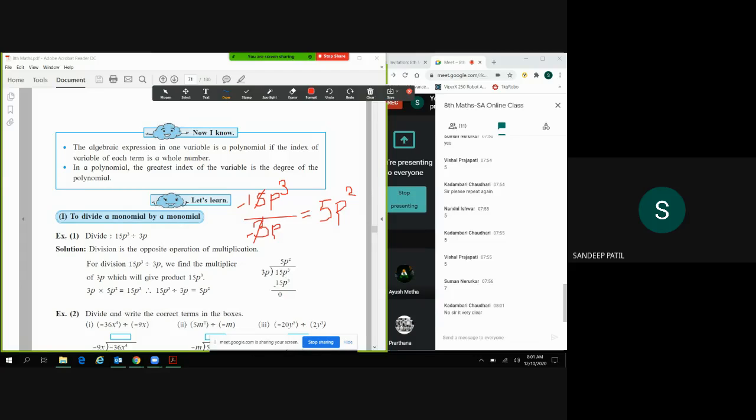Okay, so this way we carry out the division or multiplication. So यहाँ मैं सिर्फ एक, I know that you guys may be knowing already, but I just want to repeat it here. जो p cube divided by p हमने किया, right? जो index होता है, यहाँ देखिए 3 है और यहाँ 1 है.